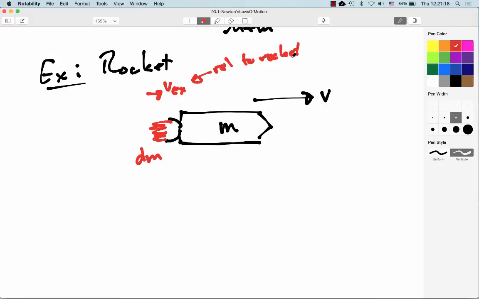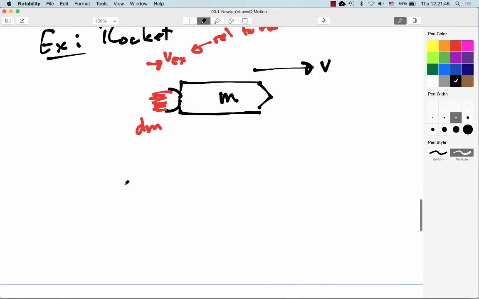What we're doing here is getting the first rocket equation, which is due to Tsiolkovsky, the Russian father of rocketry, who frankly probably made greater contributions than the American father of rocketry, Robert Goddard, although I think they're both really cool guys.